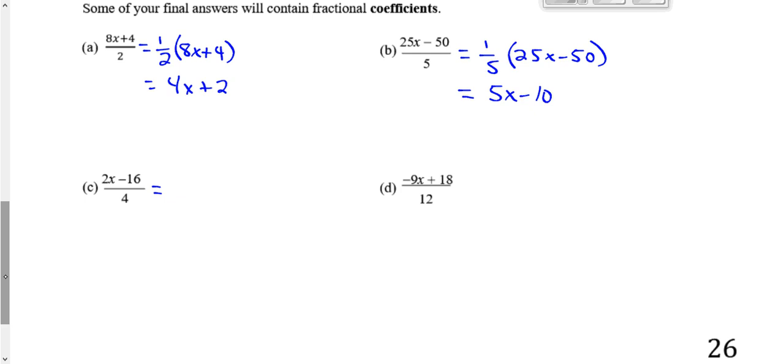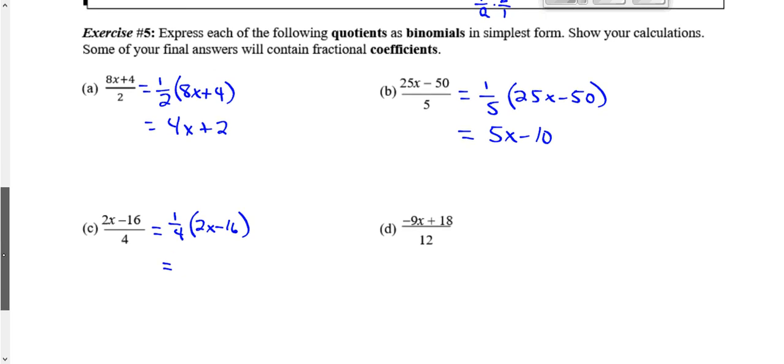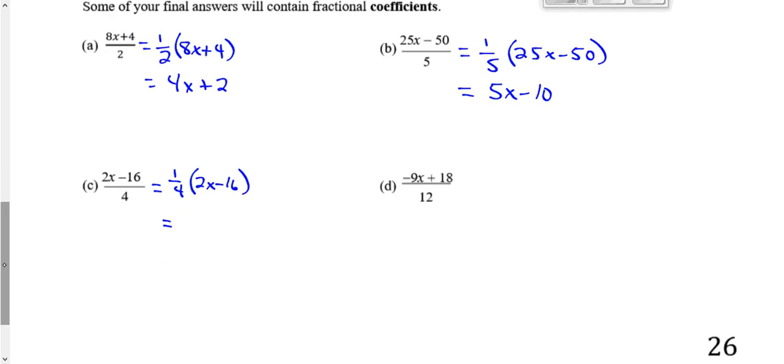Rewrite it after you distribute, like this up here. 1/4 of 2x, guys. Wouldn't that just be 2x over 4 minus 16 over 4? See what I mean?